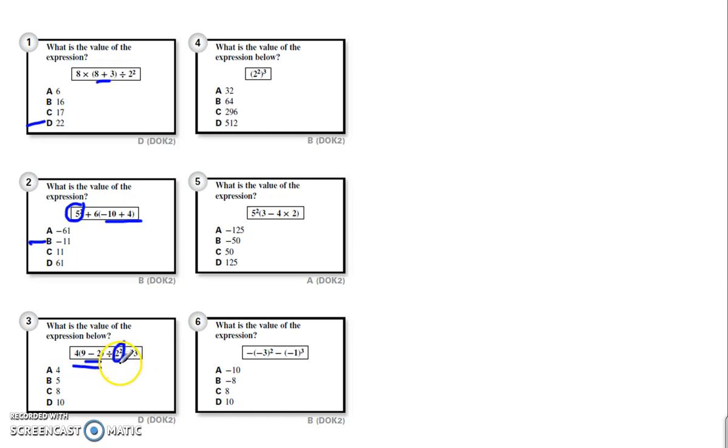Don't add the 3 to the 4 before you've divided here. That's going to be tempting to do 4 plus 3 and get 7. Okay, careful. The answer is D. 2 squared is 4 to the 3rd power is 64.